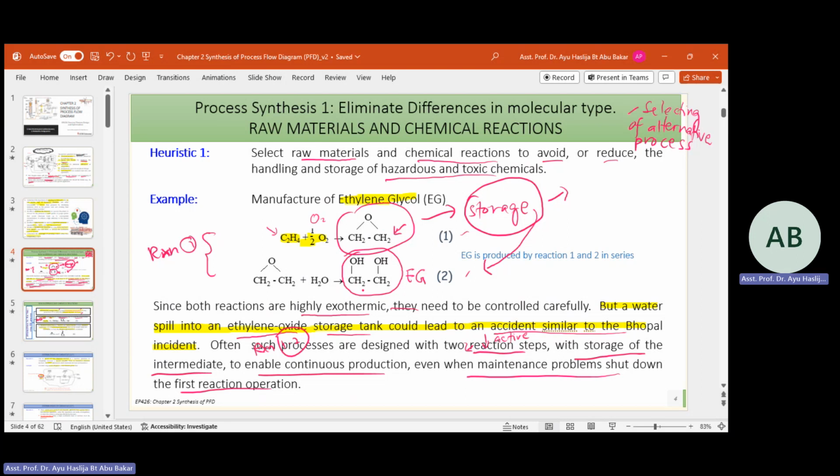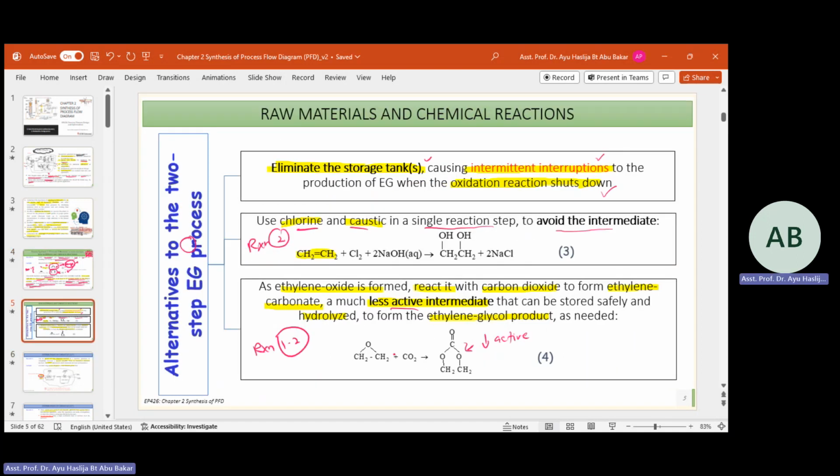Since it is risky, this intermediate reacts with CO2 to a less active intermediate that can be stored safely. Then from here, react to form EG. You have one additional intermediate.